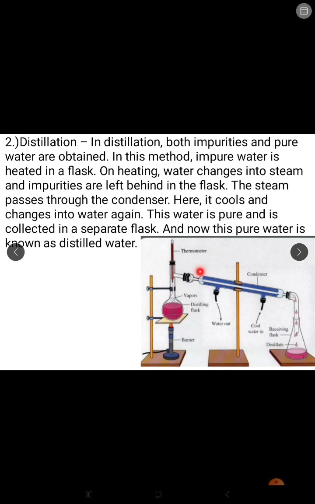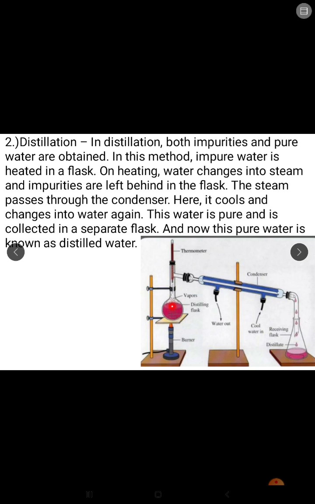After that it is connected to another condenser. Here that water vapor comes and cools down and changes into liquid, and this liquid water is collected in this receiving flask. The water which is collected here is pure water and it is known as distilled water, and the impurities again remain at the bottom of this distillating flask.